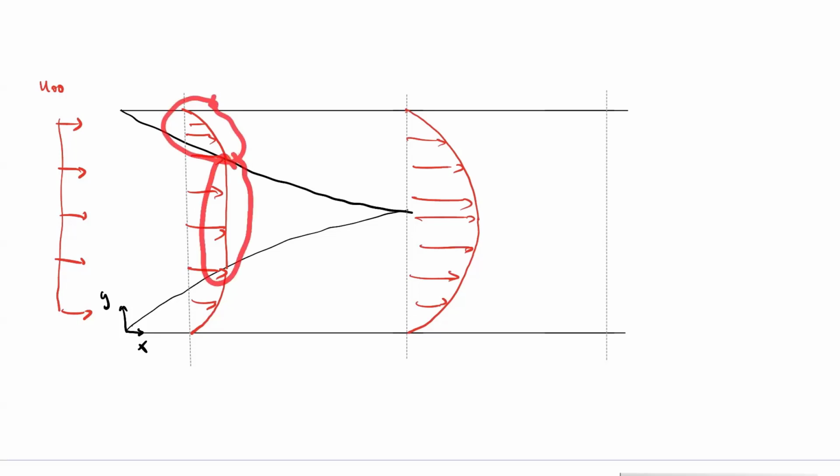So this region, although it's uniform, is actually getting accelerated a little bit as you go into this duct. By the time we're out here, this velocity is somewhat bigger than what we had in U infinity, as I've exaggerated in the drawing.